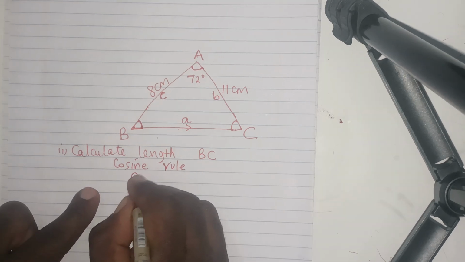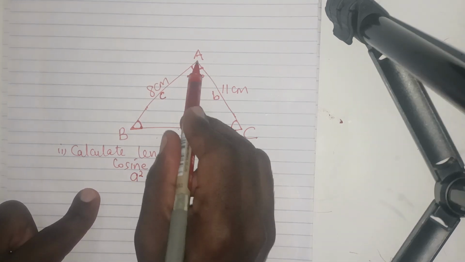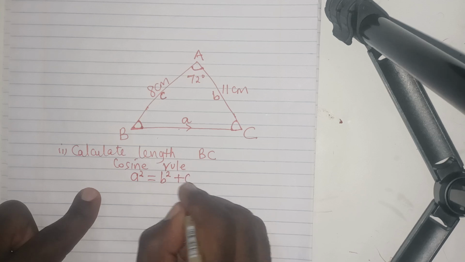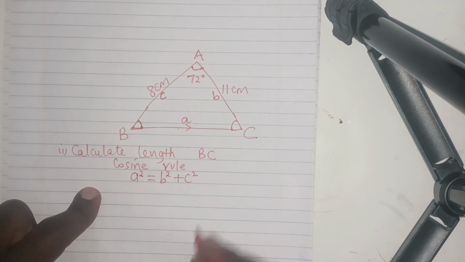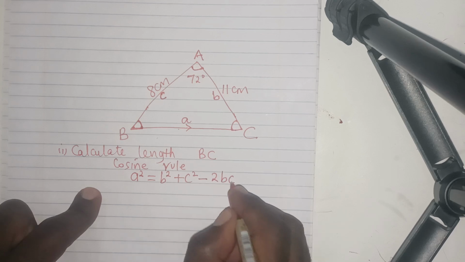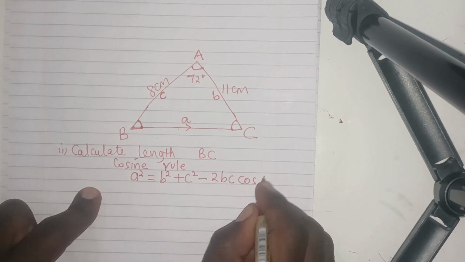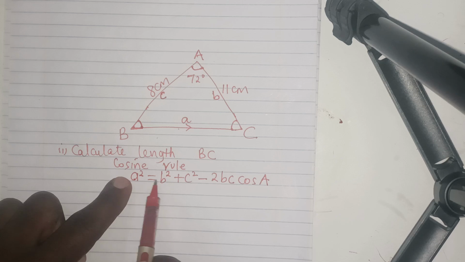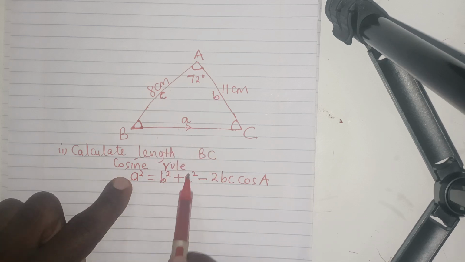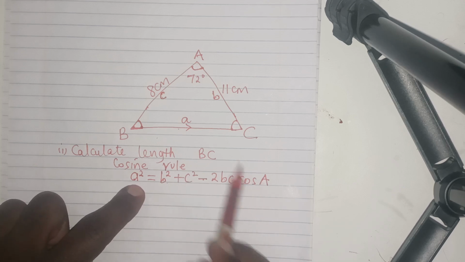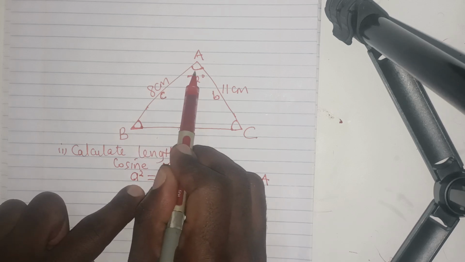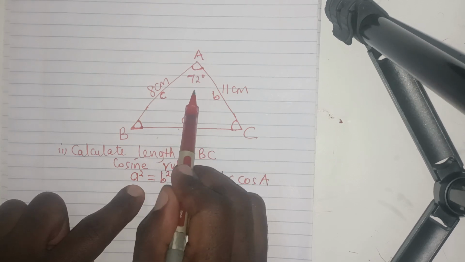So what does the cosine rule say? It says that a squared, this small letter a opposite to the angle at point A, is equal to b squared plus c squared, less 2bc cos A. If I want to get length a, I begin with a squared, then b squared, then c squared, then less 2bc cos A. Because this is length BC labeled as small letter a opposite to the angle given in the diagram, which is the angle at point A, which is 72 degrees.